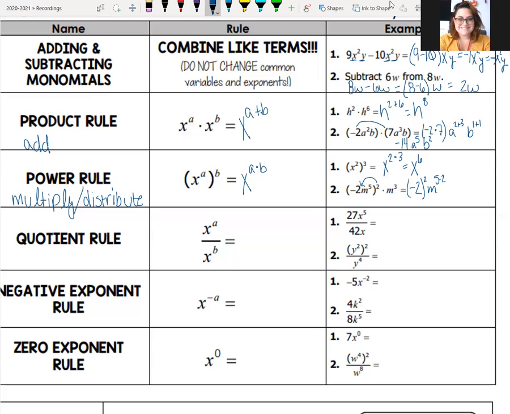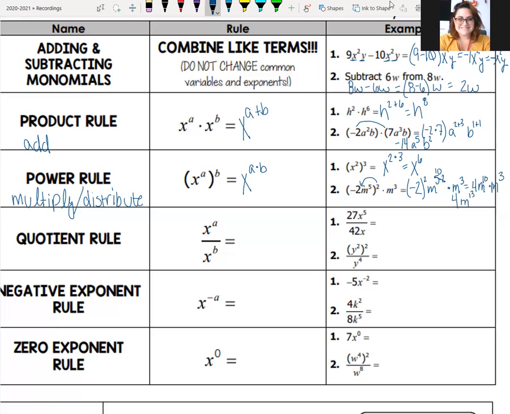And then we would times m to the 3rd. So this has a few steps. 5 times 2 gives me 10. So negative 2 squared gives me 4, m to the 10, m to the 3rd. And I'm going to add those top exponents. We would have 4m to the 13.